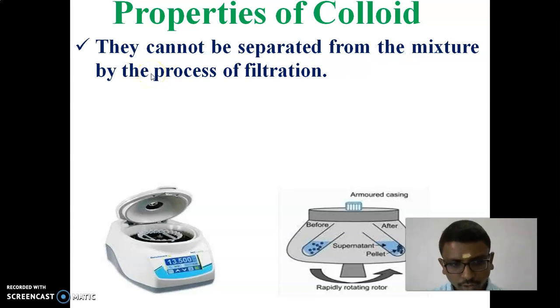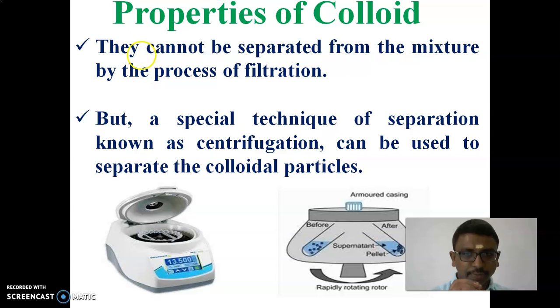The colloidal solution cannot be separated with the help of filter paper. So for that we need a special technique for the separation of the colloidal particles. For that we need the centrifugation tube. With the help of centrifugation we can separate the colloidal particles. In that there are various test tubes in between the centrifugation tubes.